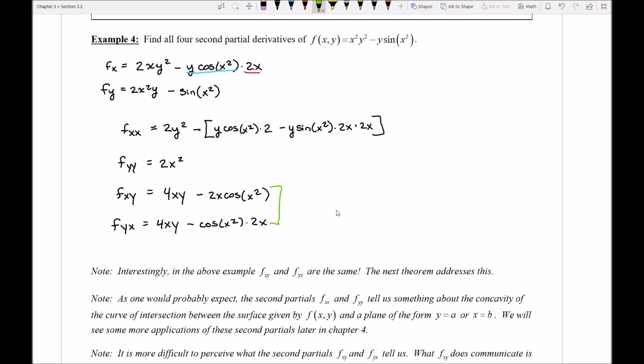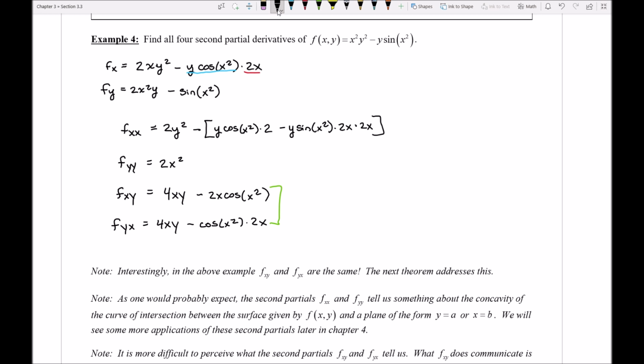Before we do that, though, I want to go ahead and try to think here about what these second derivatives might represent. We know that the first derivatives, based on where we started this section, represent slopes of tangent lines along different curves on the surface, whether those curves run parallel with the x-axis or the y-axis. Second derivatives should represent something pretty similar to what we dealt with back in Calc 1. And do you remember, what did a second derivative represent back in the Calc 1 class?